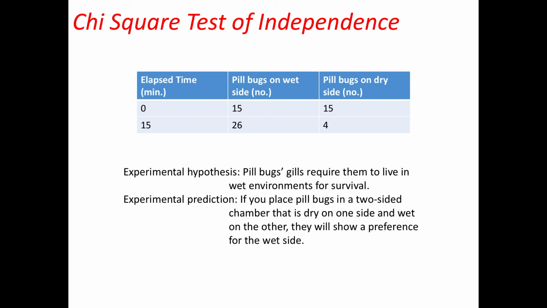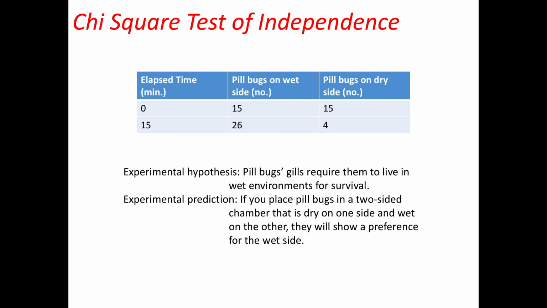To test this hypothesis, they wanted to determine whether pill bugs show a preference for living in wet or dry environments. The students placed 15 pill bugs on the dry side of a two-sided choice chamber and 15 pill bugs on the wet side of the chamber. 15 minutes later, 26 pill bugs were on the wet side and 4 were on the dry side.